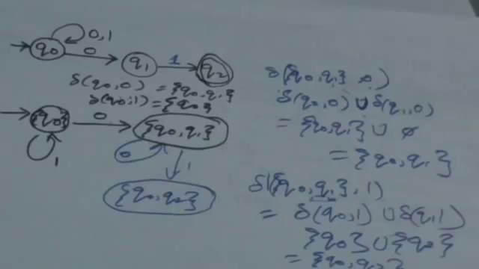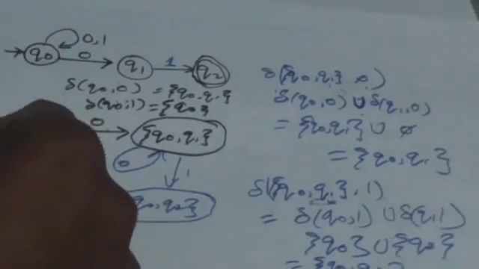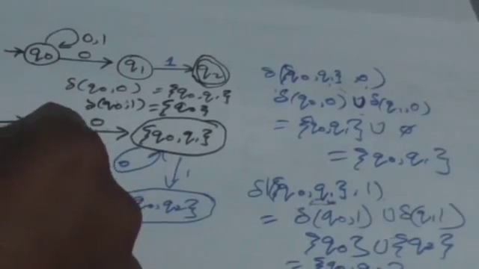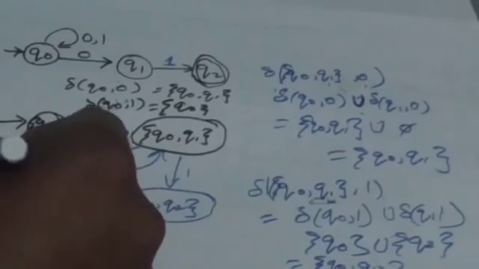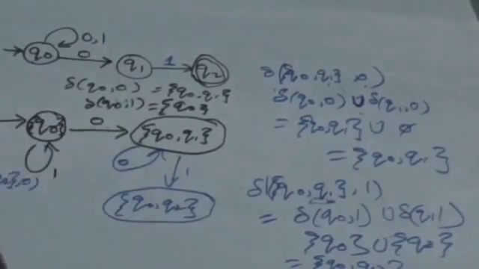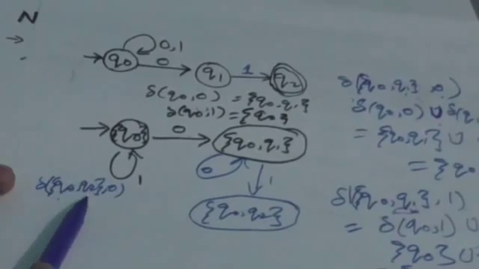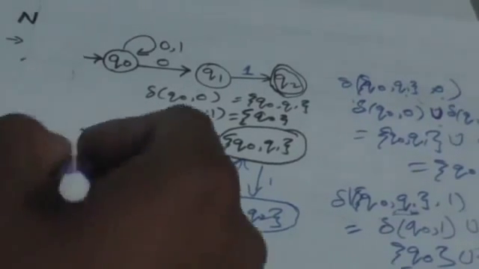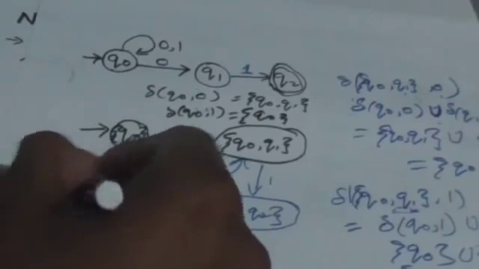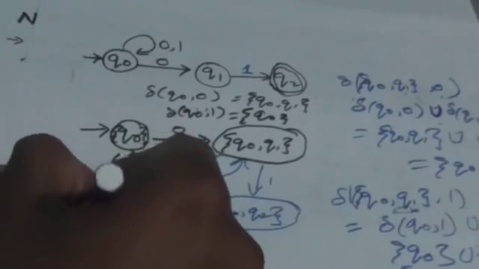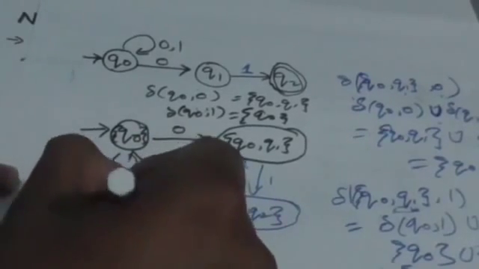Now find the transition of this new state Q0, Q2 for input symbols 0 and 1. Apply 0 individually to each state of the set, Q0 and Q2. When you apply 0 to Q0, the result would be the set Q0, Q1.